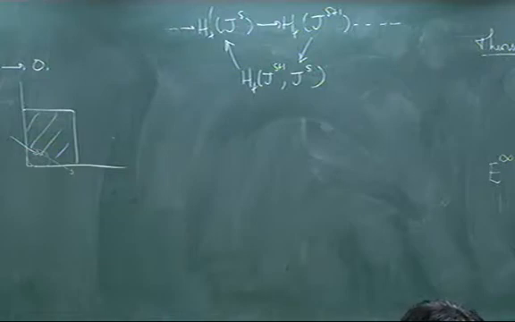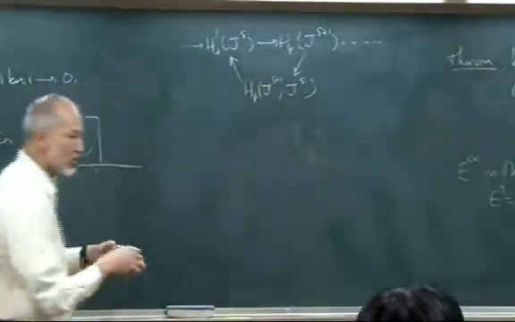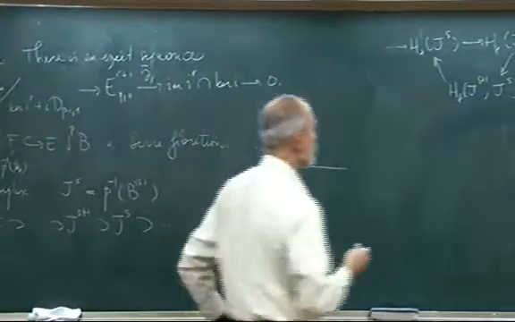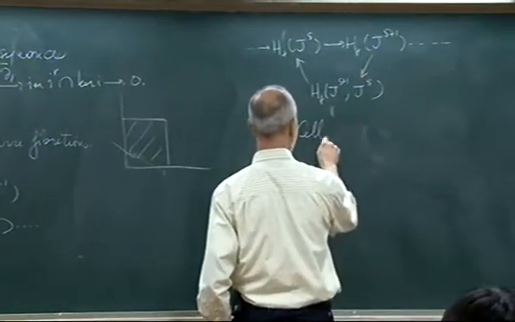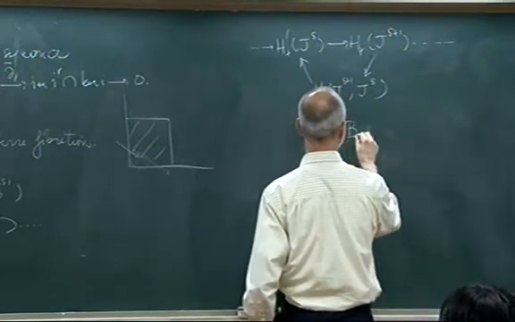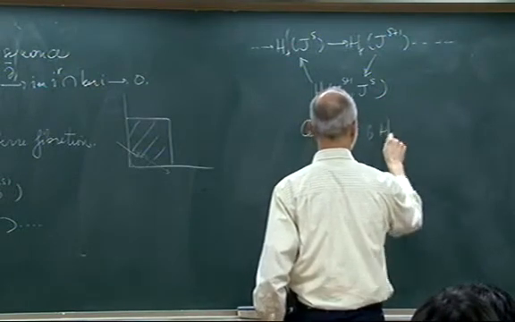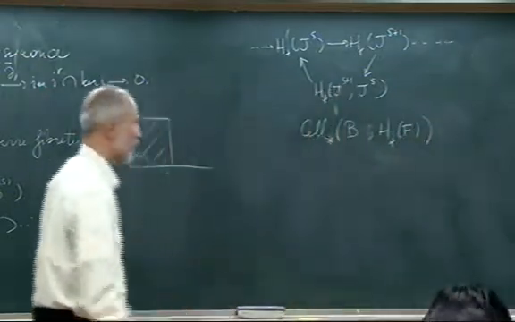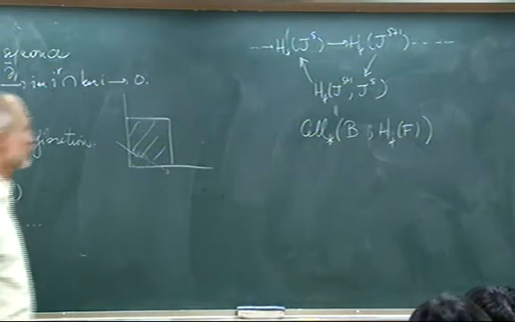And so essentially what I'm doing here is assembling over each cell a product with the fiber. And so when I take this homology, I end up with the cellular complex over B with coefficients in the homology of the fiber, and this will be my E1.